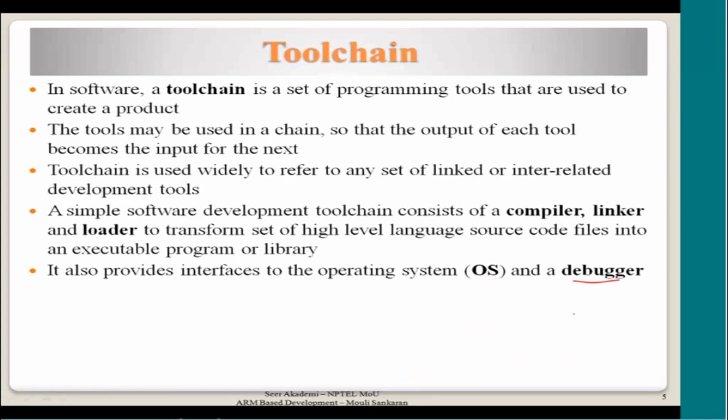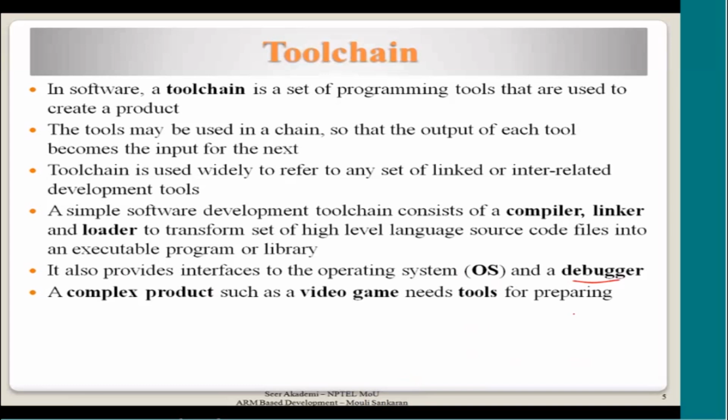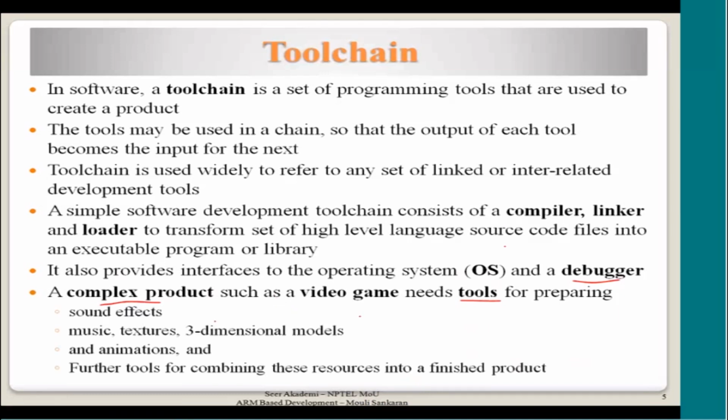What is a debugger? I will explain that, just hold on. A complex project such as a video game needs tools, for example. This is a software tool that I have been explaining. A typical video game has tools to create sound effects, music, three-dimensional models, or animations, and further tools for combining these resources into a finished product.